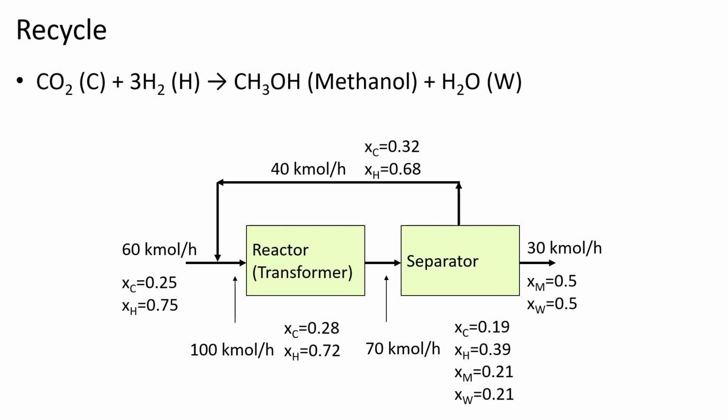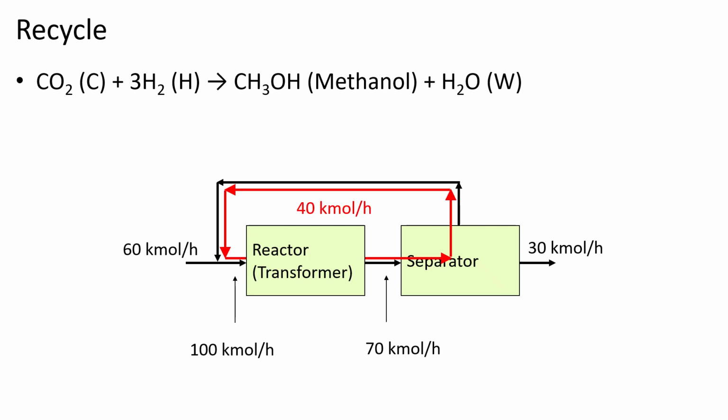What we want to do is separate the methanol and water from the stream in the separator, and then recover and recycle the carbon dioxide and hydrogen so we can use those to produce more product. It'd be terrible just to send those to a waste stream and to vent those from the separator. If we can separate them and recycle them, that's much preferable.